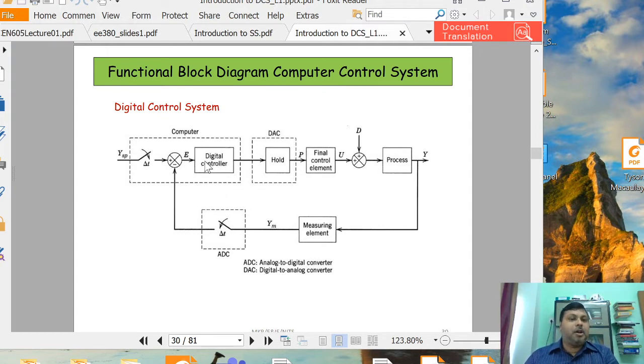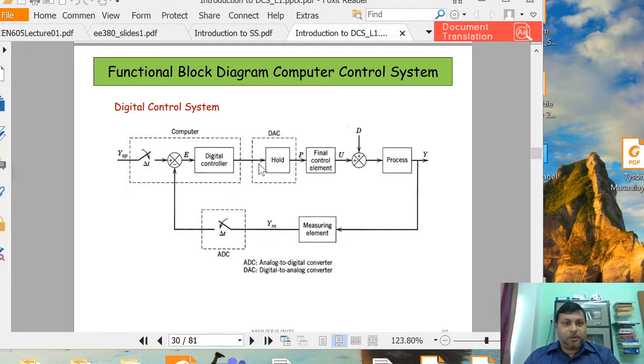Now the digital controller, based on this sampled error signal, will produce the control action, which is obviously digital in nature. Now you know that all the final control elements are analog in nature, meaning the control valve or any other final control element like a DC motor, they are continuous in nature.